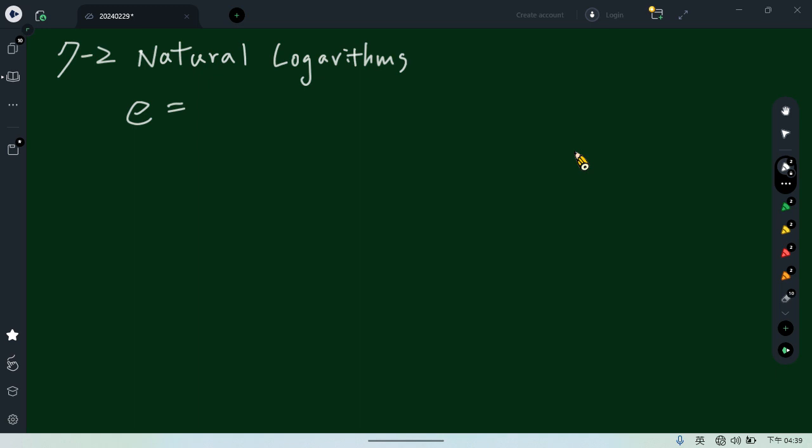No, right? Did you learn constant pi? Pi, 3.14159. Anyway, I also cannot memorize so many digits. E is also an irrational number, just like pi.